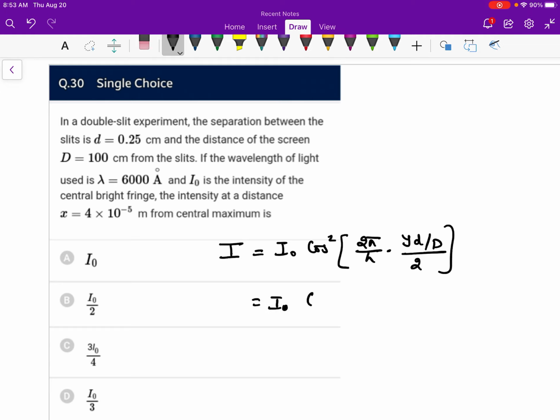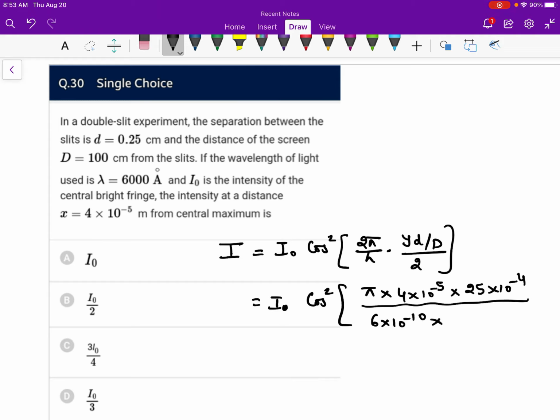So this is I naught cos square pi, y is 4 into 10 to the power minus 5, small d is 25 into 10 to the power minus 4, lambda is 6 into 10 to the power minus 7, and capital D is 1 meter.